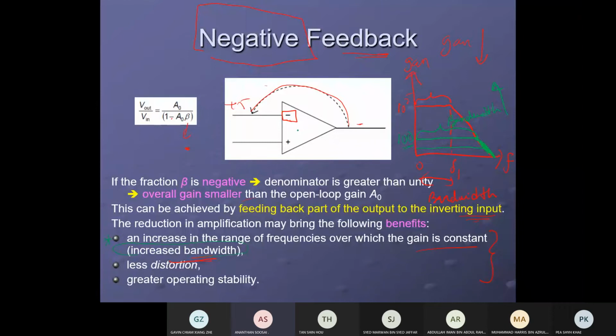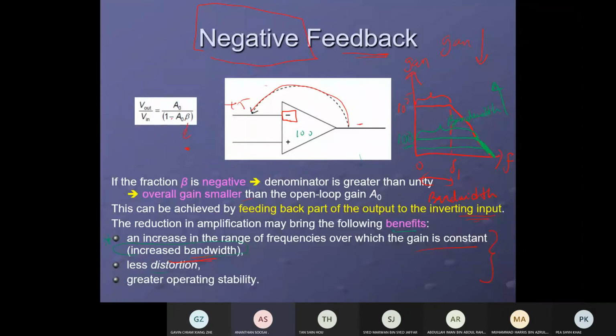Let's say the op amp gain is 100 and the bandwidth is huge, you'll be happy because whatever frequency the opera singer gives, the sound will be amplified 100 times. So that's the first benefit of doing feedback: bandwidth is increased.